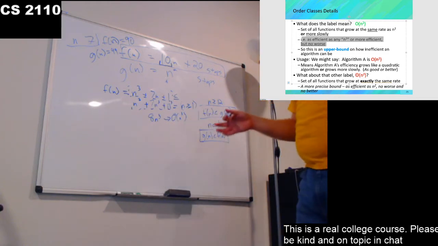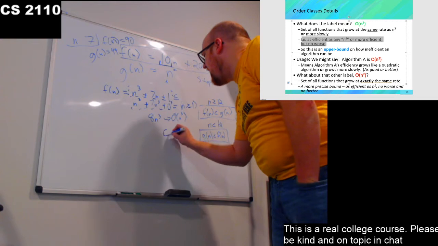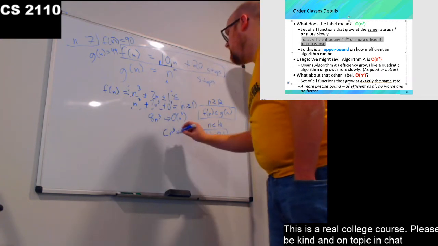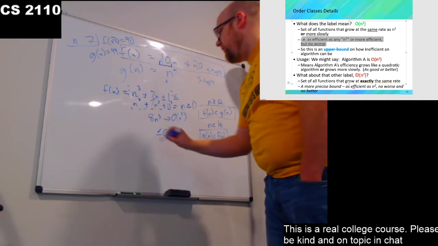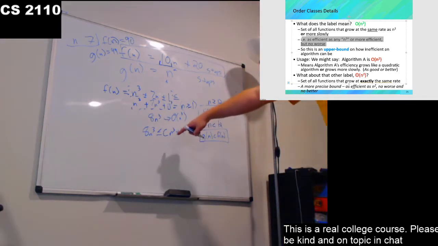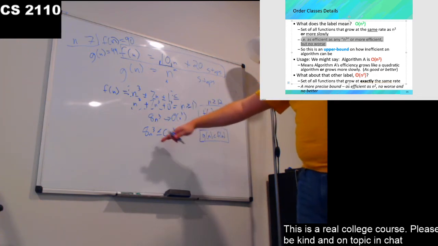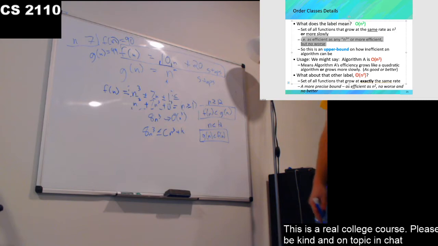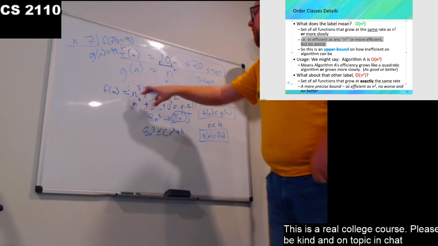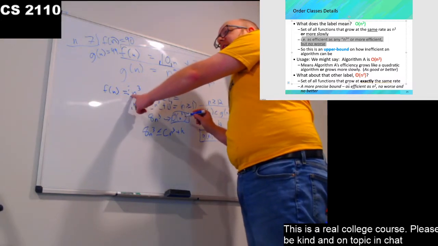Because with O of n cubed, we're not saying that n cubed is better, we're saying some constant times n cubed plus k is greater than or equal to this function, which is true. So when we're saying this, understand that we don't just look at this and say, okay, the largest term is n cubed, therefore this is O of n cubed.